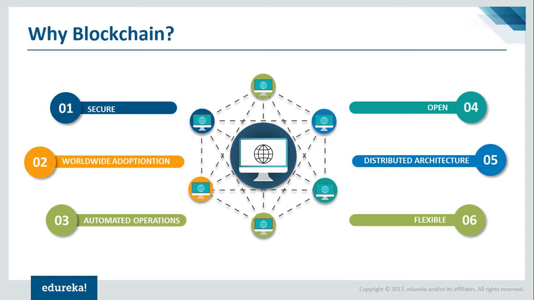Now, one of the key features that made blockchain quite popular and effective was its distributed architecture. All the data that was being stored in the Bitcoin blockchain network, that is the transaction details, was spread across the globe. So anyone who became part of this could actually hold the complete transaction details from the start.